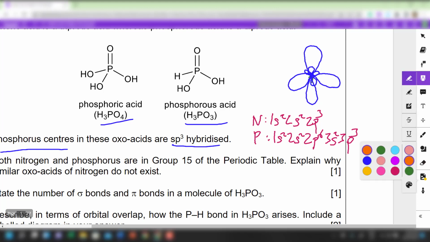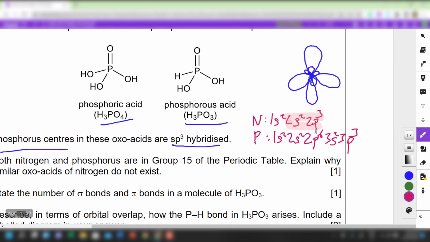If you look at the valence shell orbitals, for principal quantum number 2, you only have s and p as subshells. So the maximum number of electrons that can go into the second principal quantum shell is 8. Anything beyond 8, I would have to utilize 3s, which is not energetically accessible. That is the main thing you need to focus on if you wish to elaborate on your answer.